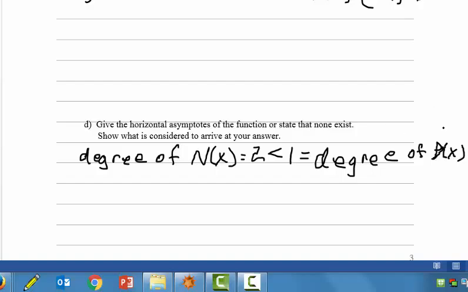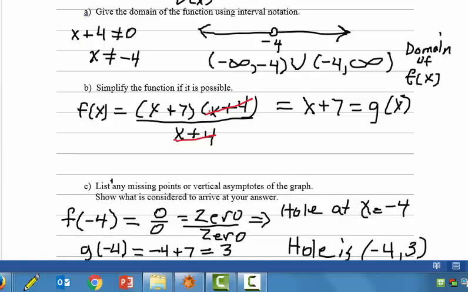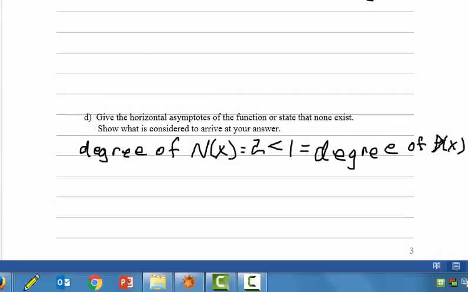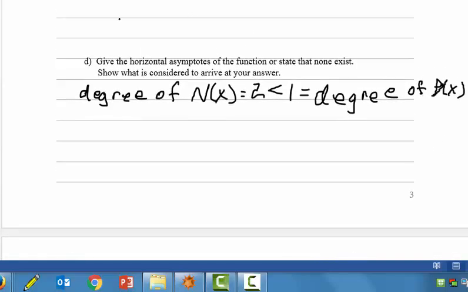Alright, so whenever the numerator degree is bigger than the denominator degree, there is no horizontal asymptote.